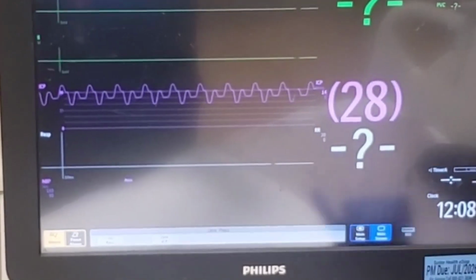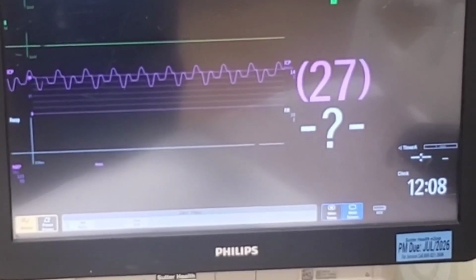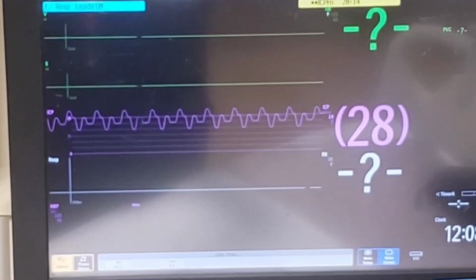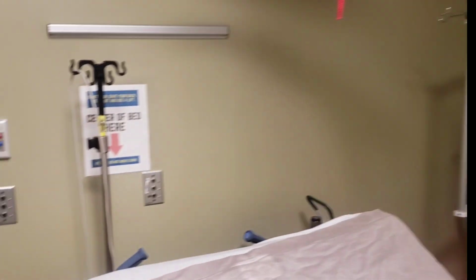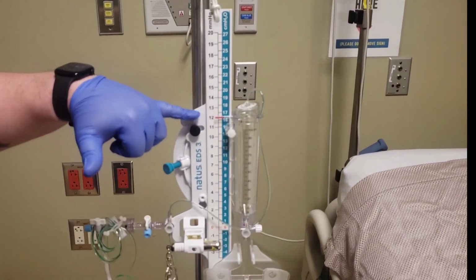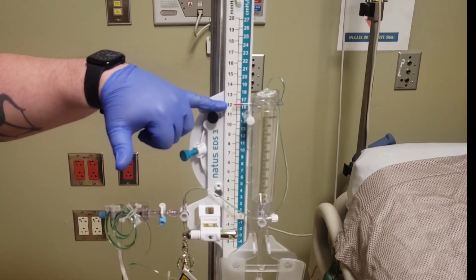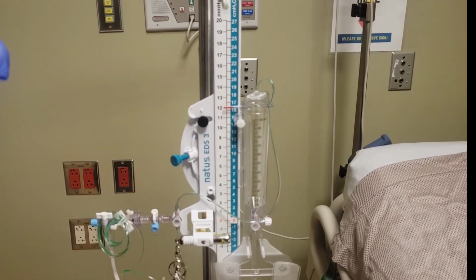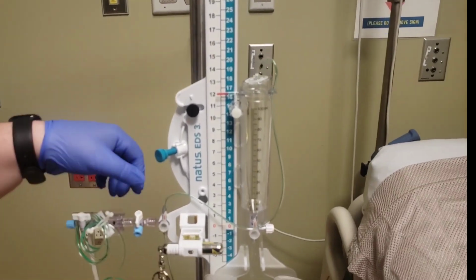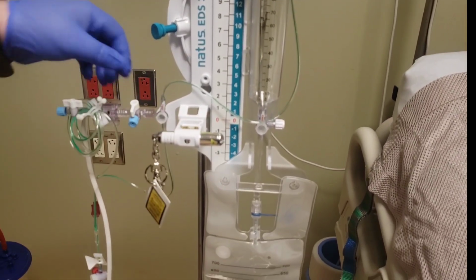So let's talk about that. I have my ICP waveform, I have 28. When I go to set up for the continuous drainage, again, I have my level at 12 millimeters of mercury because that is what my order said. I'm going to take my stopcock right here.